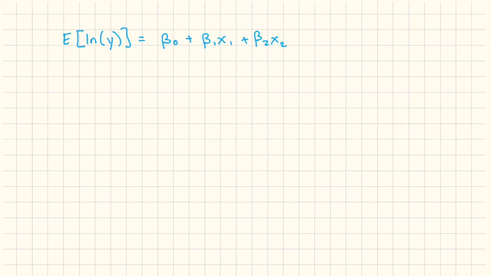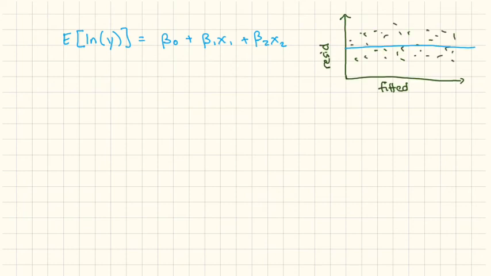Finally, the math bit. This would be the model that we fit. You can see that we took the log of the y's. You can't take the log through the expected value. That's not allowed, right?